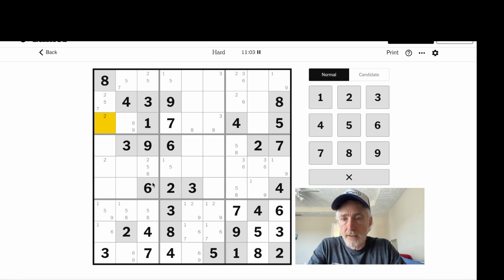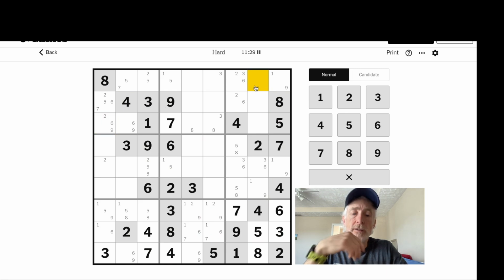So where's the 6 going to go? 6 goes not here, could go here. So within this box, 6 can still be in any of these 3 cells. 7, we already have marked. 8 is in the box. 9. 9 has to be in one of these 2 cells. So that's going to point along with this 9 over here.